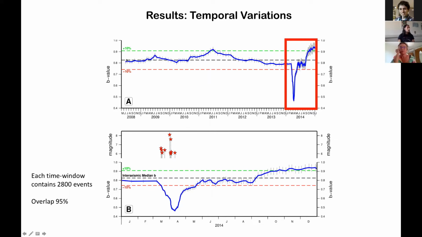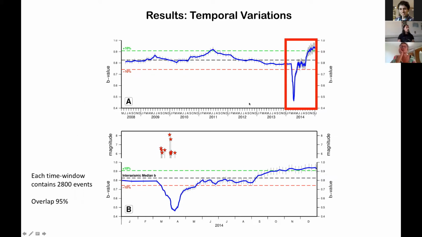I don't know if you can notice, but there are some vertical gray lines on each data point of the blue curve, which indicate each window with its associated uncertainty. Each window contains a fixed number of events, in this case 2,800 events, and there is an overlap between windows of 95%, okay? And the gray vertical bar indicates the associated uncertainty.